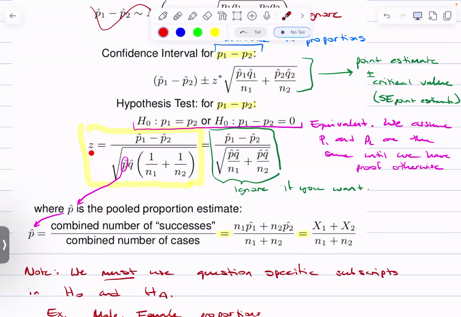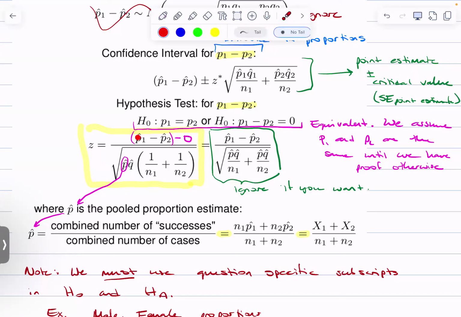Once you have your Z, you know how Z behaves, right? Step 3, find the p-value. What's the p-value? Well, it's the probability of seeing a difference as far away from 0, right? Technically, this is minus 0, because my null hypothesis is that P1 minus P2 is equal to 0.